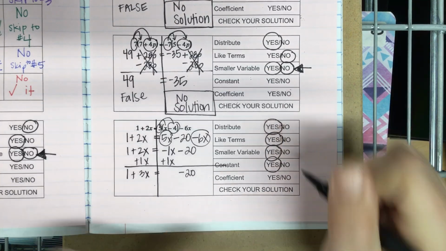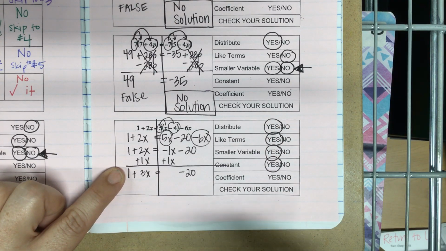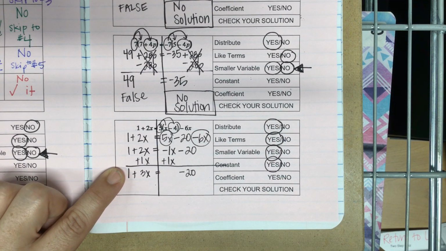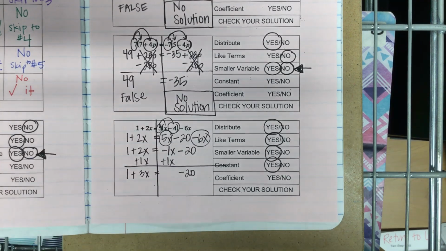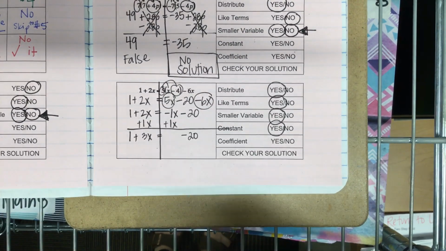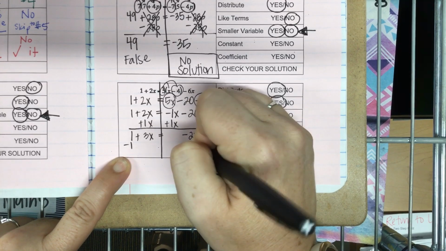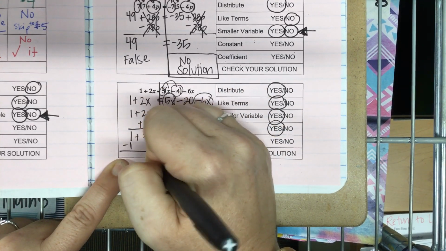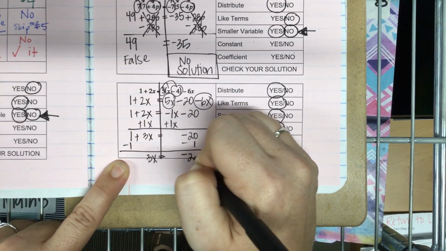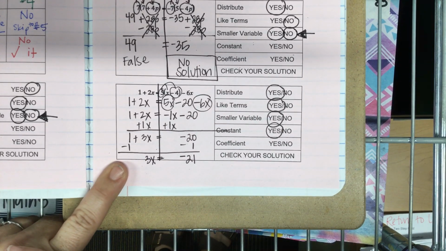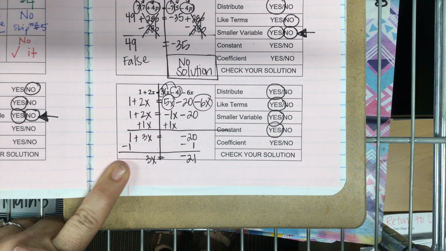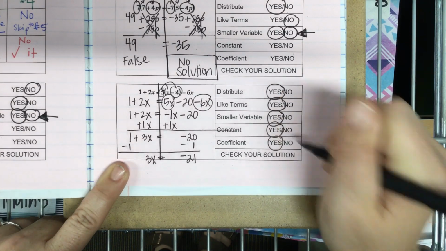Minus 1, minus 1. 3x equals negative 21. Is there a coefficient? Yes. Divided by 3, divided by 3. X equals negative 7.